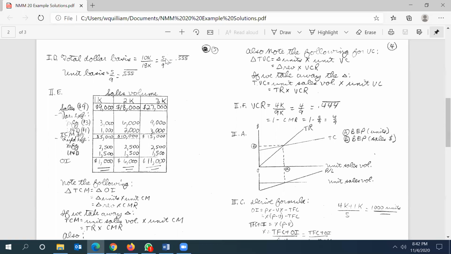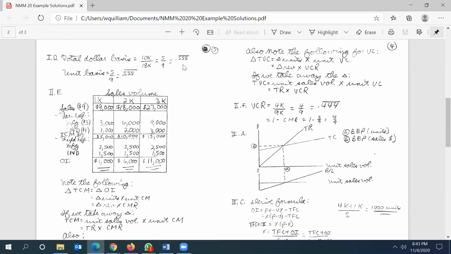Up top, I've got contribution margin per unit. How did I get that? It equals the price of $9 minus variable cost per unit. So we had $3 for manufacturing and $1 for upstream and downstream.